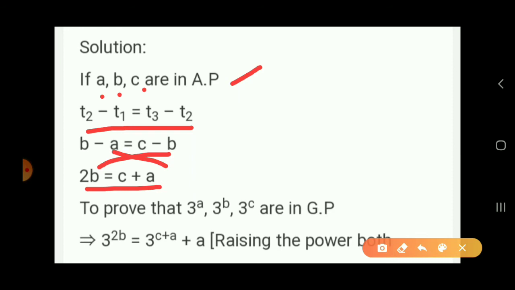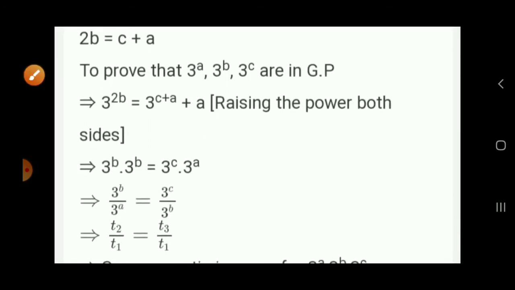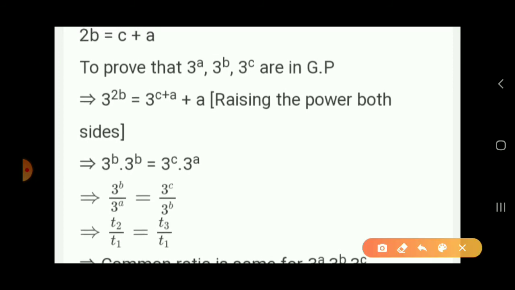To prove 3 power A, 3 power B, 3 power C are in GP, we can see now this proof. Now 3 power 2B is equal to 3 power C plus A, raising the power on both sides by 3.